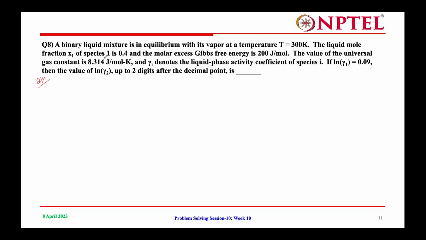So here x1 is given, so x2 equal to 1 minus x1, so 0.6, right?